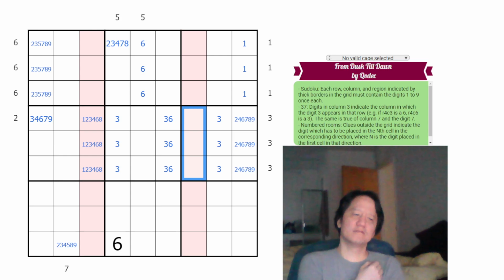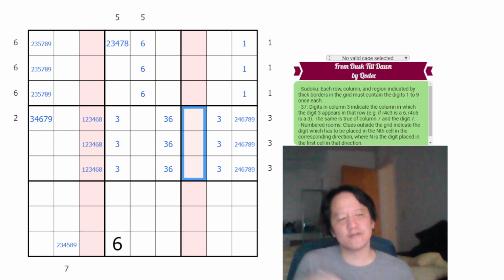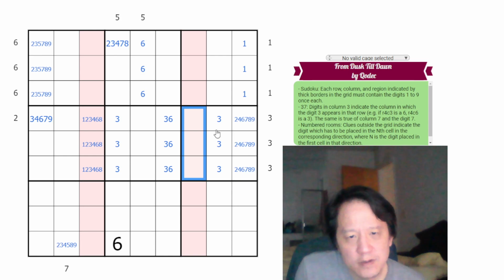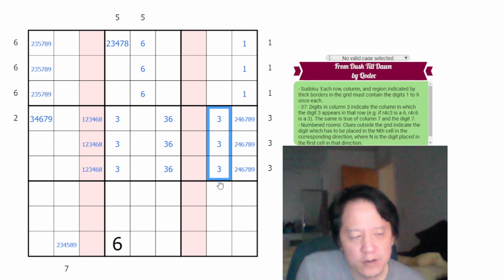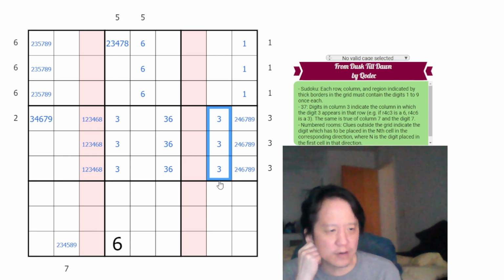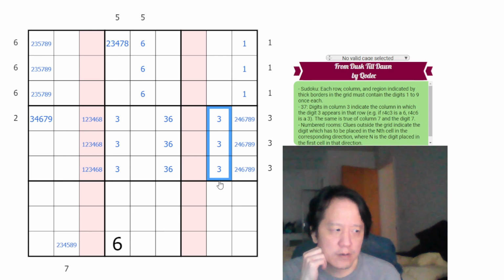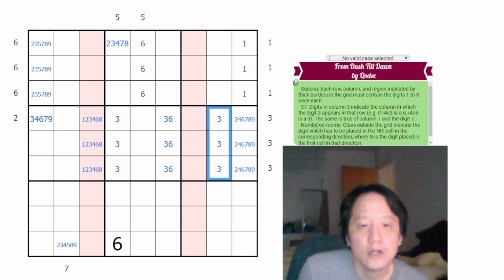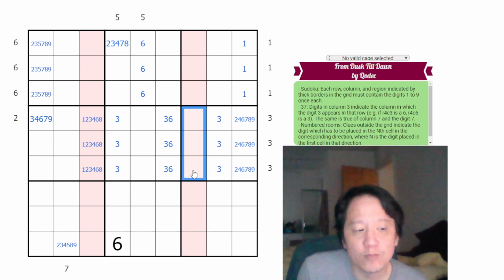Is that right? Actually, it doesn't have to be, right? The 1 could be here, right? The 1 could actually be there. No, it can't be. This must contain 1 from 1 through 3, right?